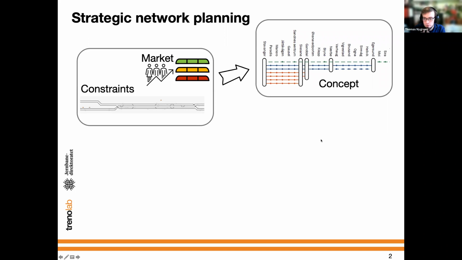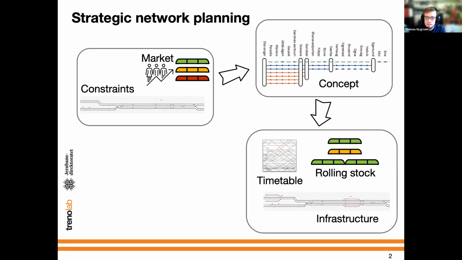You can click one more, Nicola. Our first step is that we create what we call service concepts. This is a part of the southwestern part of Norway, one of the possible future service concepts, describing basically the stopping patterns, the number of trains, and additionally, not given in the figure here, running times, the type of rolling stock, quality of service, etc. Then we have to work quite a lot to make that into a timetable.